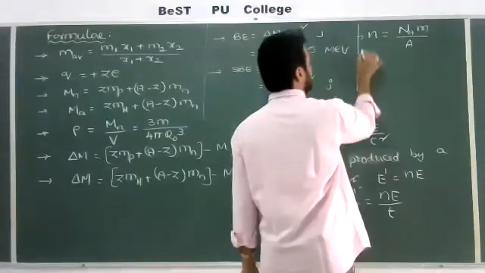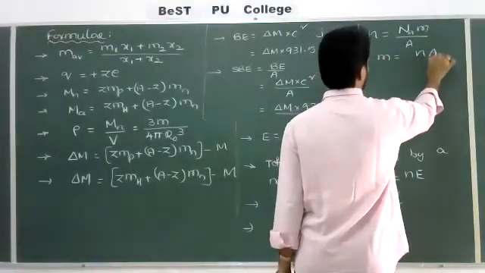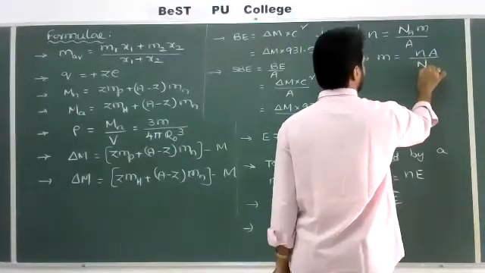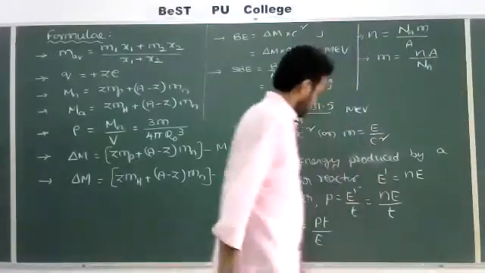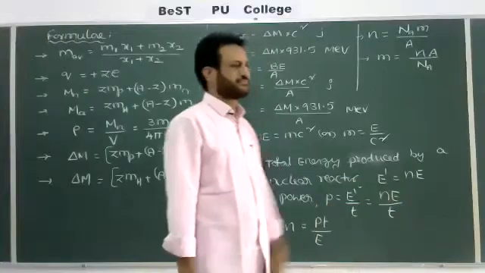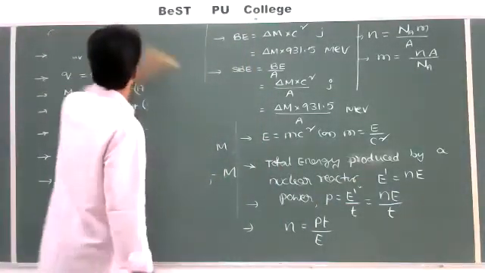From this, if you want to find the mass, M is equal to number of atoms into mass number divided by Avogadro number, Na. In place of N, we can also substitute this formula. So based on the given problem, use this one.